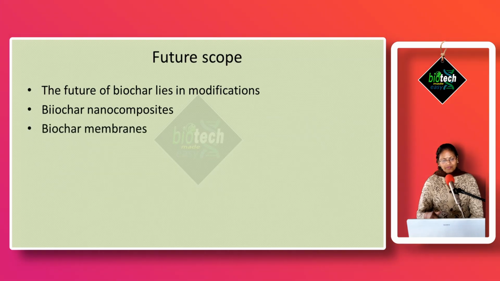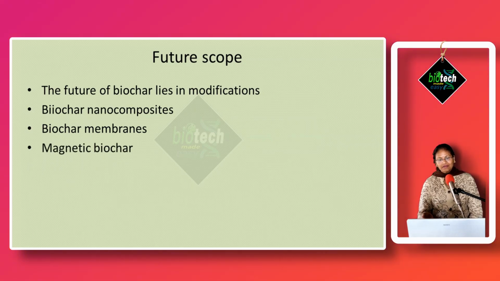Then biochar membranes, these are also one of the modifications which we are going to see in the future, where the biochar is used along with the membranes. And magnetic biochar is another modification which is going to be very efficient, because of this magnetic behavior.